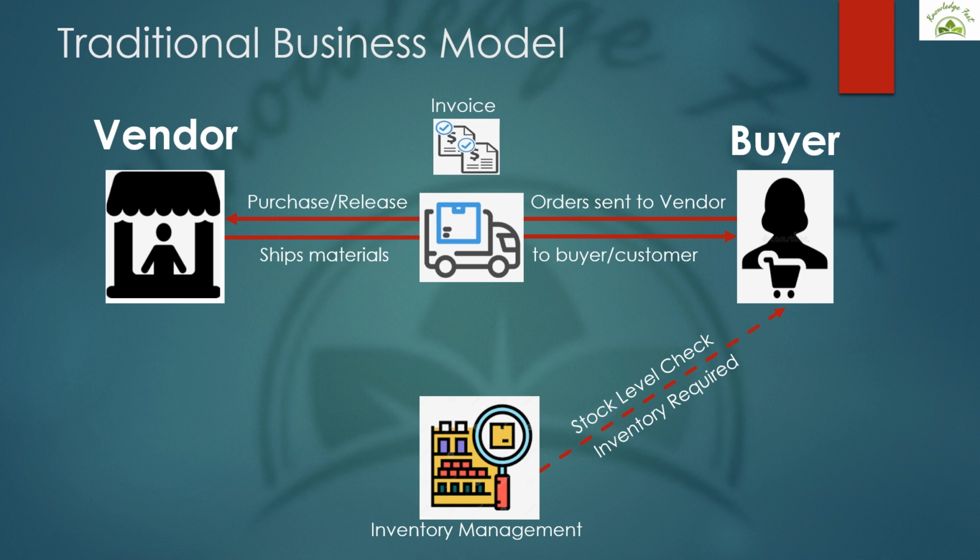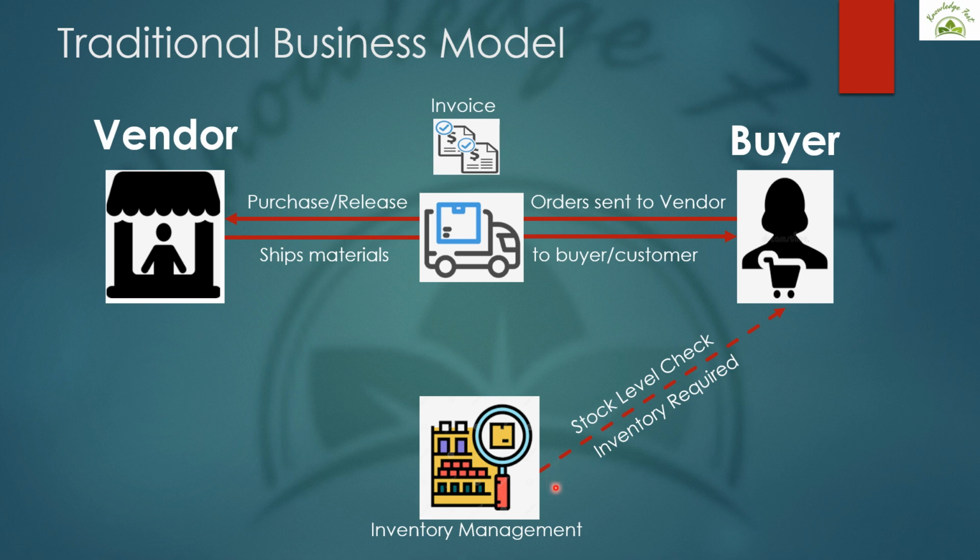Before we jump into the vendor managed inventory model, let us have a quick look at the traditional business model. In a traditional business model, the buyer completely manages the inventory management functionality. Whenever the buyer is procuring any material from an external vendor, it checks the inventory status, the stock level of that particular material.